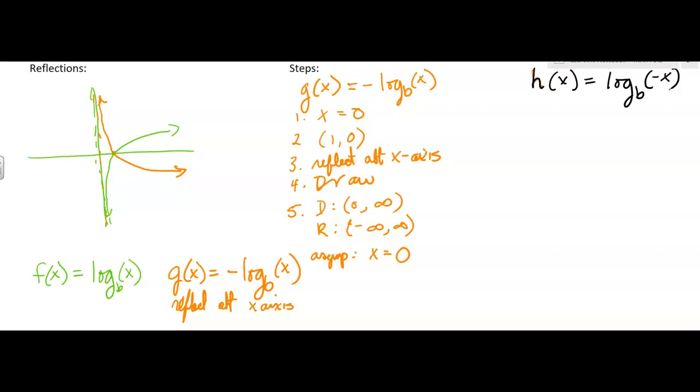Okay, so that's going to reflect about the y-axis. So go back to this green shape that we have, and now it's going to go like this. Well, not quite like that, but like that. Okay, well, I didn't draw it very well, but that's what it's going to be doing. Okay, so it's going to reflect about the y-axis.